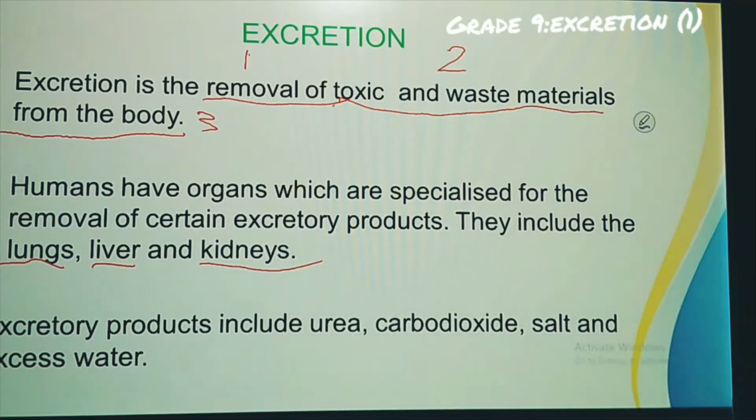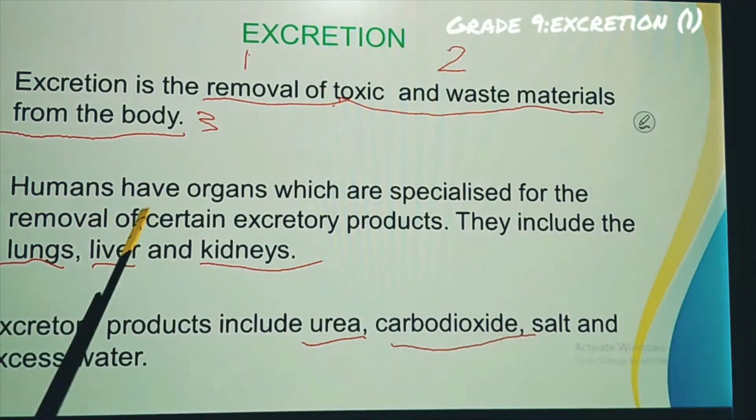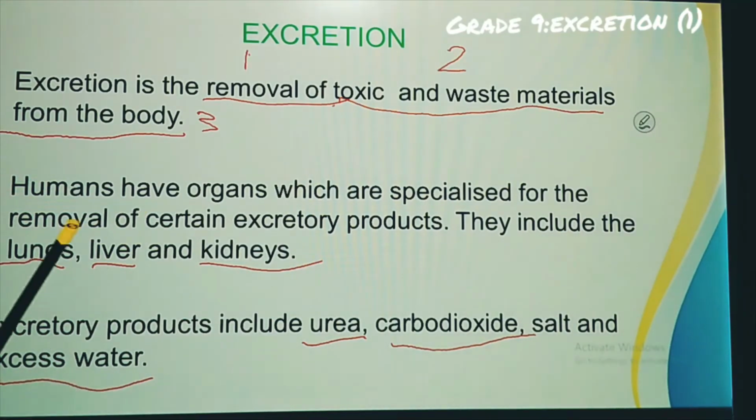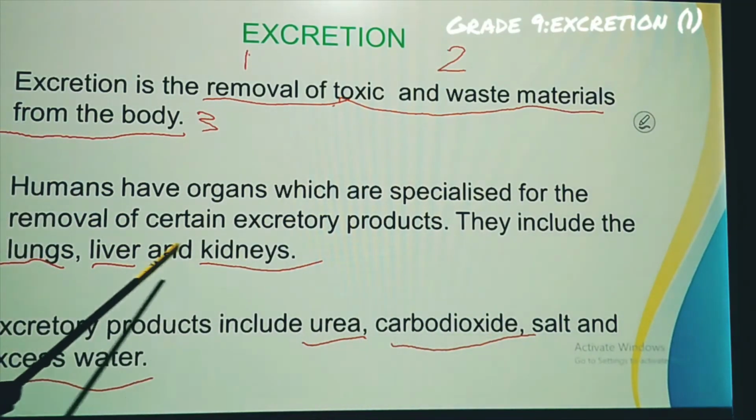So what are these excretory products that these organs take out of the body? Urea, carbon dioxide, salt, and excess water. These are excretory products, and these are excretory organs. They take out these toxic and waste materials from the body.